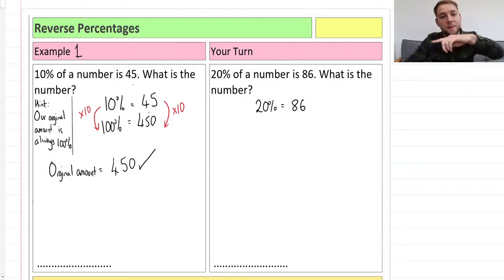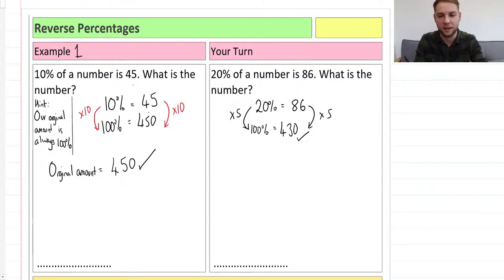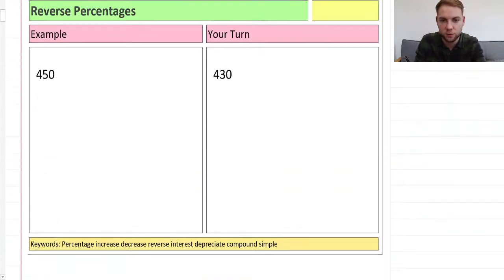So if I'm trying to find my original amount, which is 100%, I need to times by 5. 100% is equal to 86 times by 5, which is 430. There we go. Super. Okay, so there's our 2.